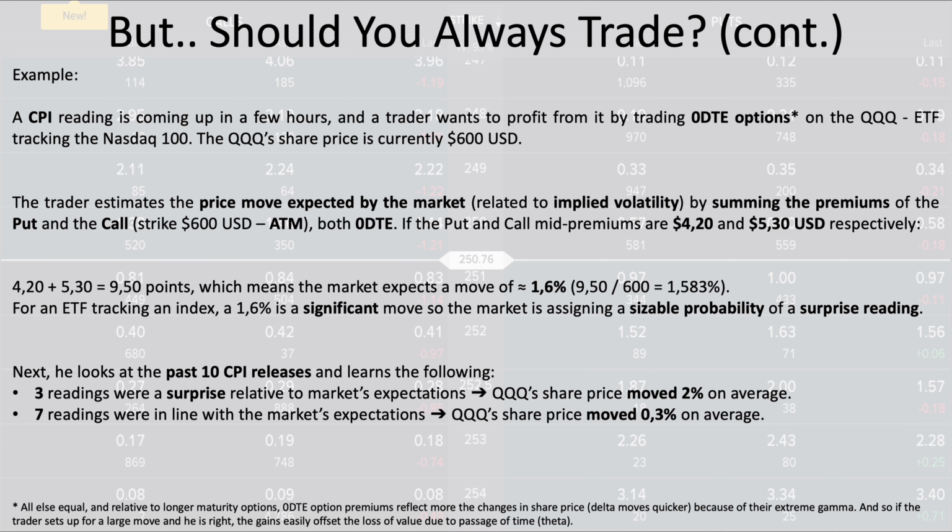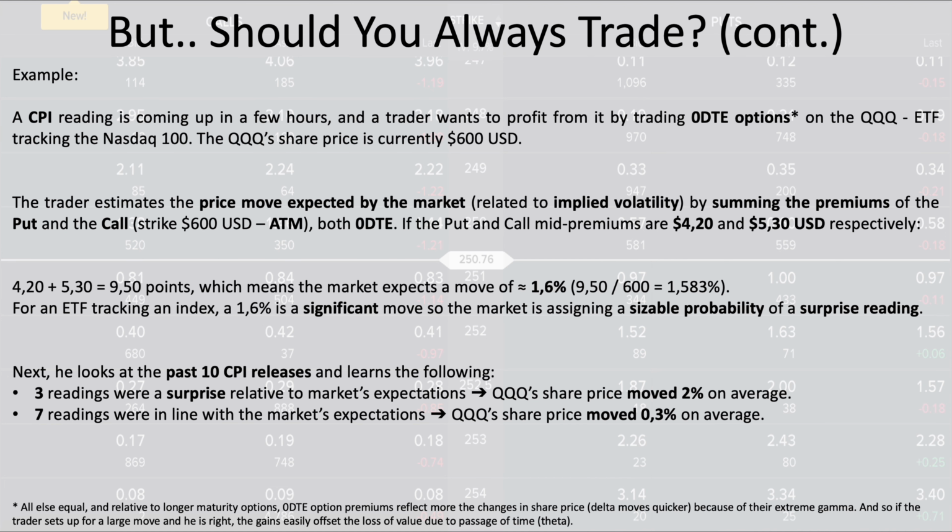But if we get the move right, because the delta will move so quickly thanks to the high gamma, this effect will very easily offset the loss of value due to the passage of time. It will overwhelm every other effect. That's why 0DTE options are the best to leverage and profit from this move.